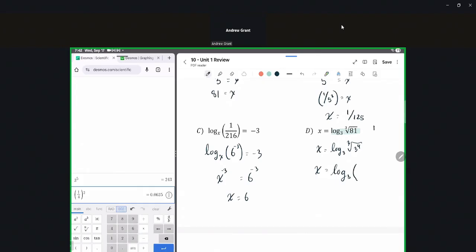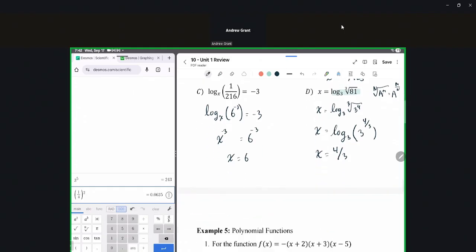So remember, if you have the nth root of a to the m, that's the same thing as a to the power of m over n. And so consequently, this will be the same thing as 3 to the power of 4 over 3. And this has some artificial difficulty in that a lot of the numbers just repeat as 3. So there you go. And so x will just be equal to, so log base 3 of 3 to the power of something is just that something. So it'll be 4 over 3.